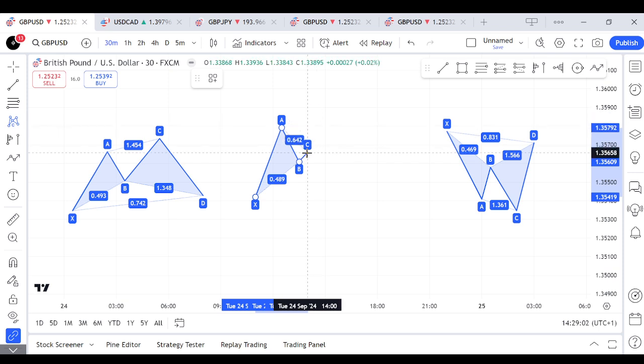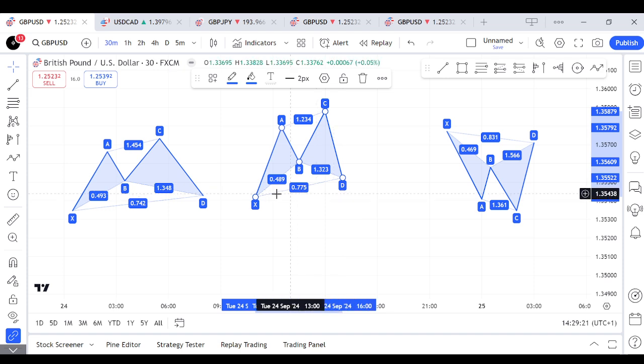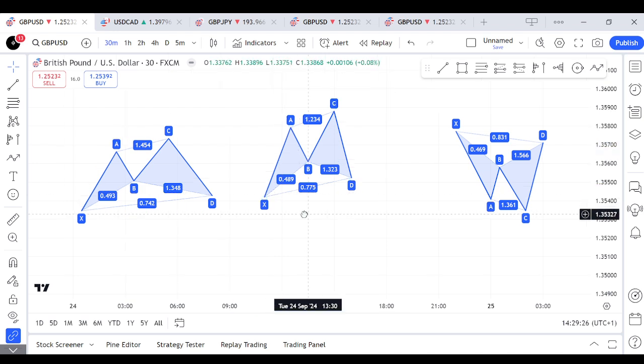So from point B, price should extend to point C, reaching 127.2% to 141.4% of the AB leg. So this extension is crucial for validating the pattern. So finally, watch for a retracement from C to D, which should end at the 78.6% retracement level of the X to C leg.